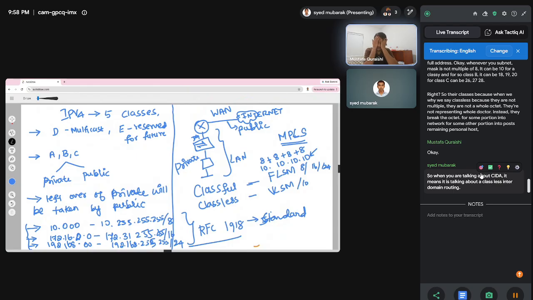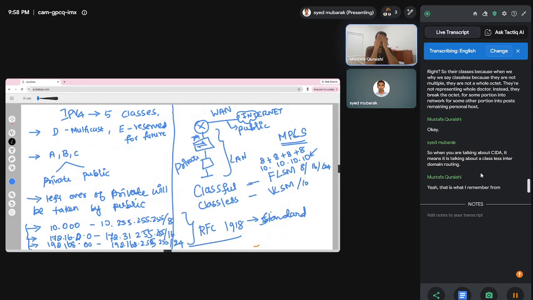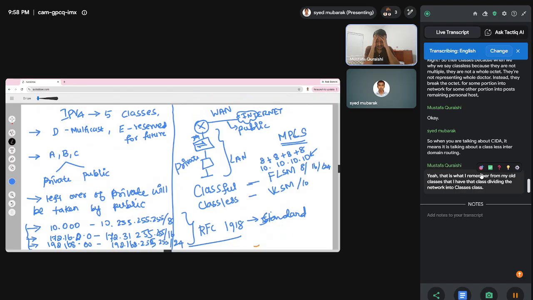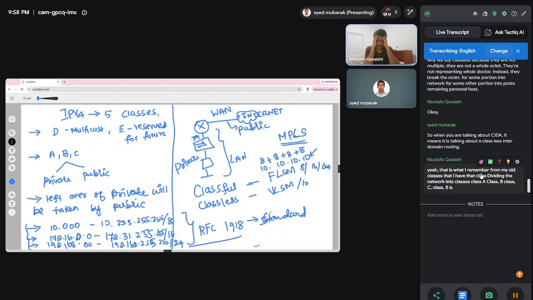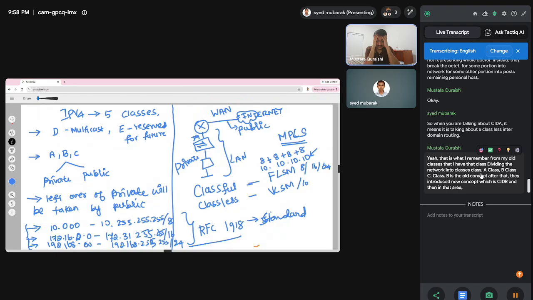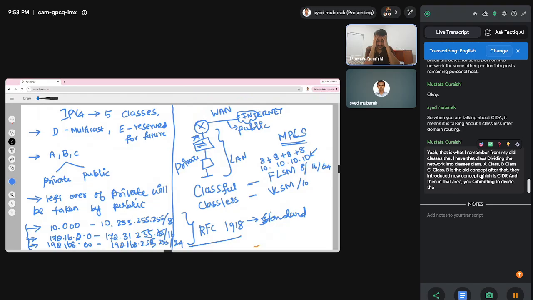That is what I remember from my old classes: dividing the network into classes, class A, class B, class C, class D, E is the old concept. After that, they introduced the new concept which is CIDR, and in that CIDR, you use subnetting to divide the networks. This is what I remember.